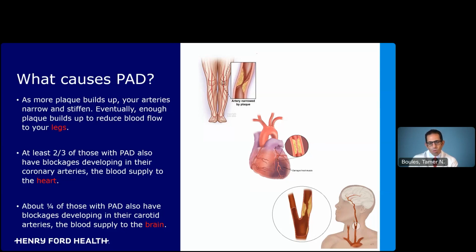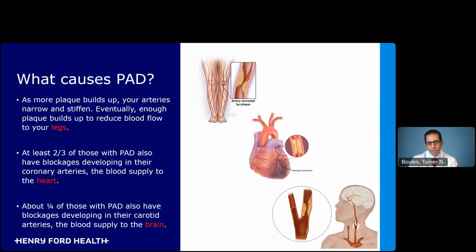But what's also important to recognize about peripheral arterial disease is that the plaque not only affects the arteries in the legs, but can also initially silently affect the arteries in other places. That same plaque can develop in the coronary arteries, and at least 2/3 of people that have peripheral arterial disease in their legs might also have some blockages or plaque developing in their coronary arteries to various degrees.